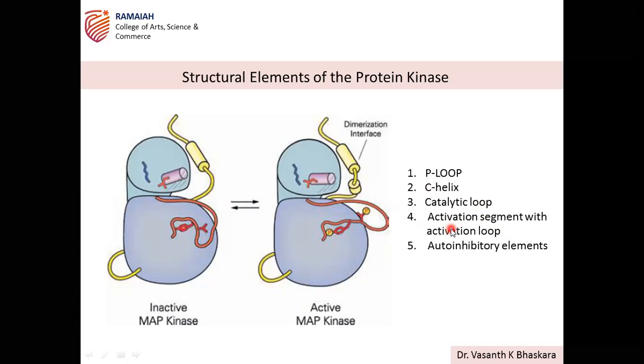The P loop is the region where ATP is bound, and it is responsible for transfer of the gamma phosphate group to the peptide. Apart from these, there is the autoinhibitory element, which is responsible for negative regulation in protein kinases.